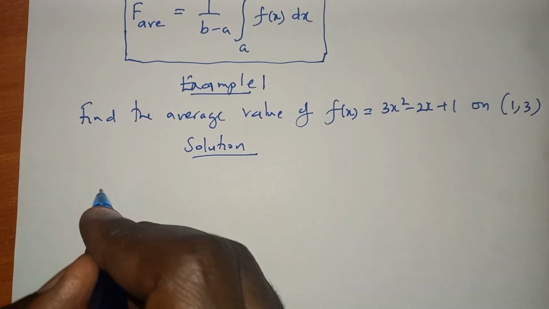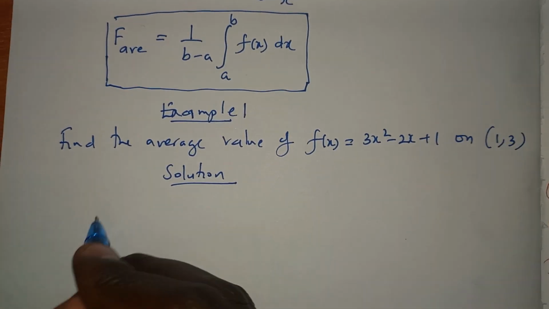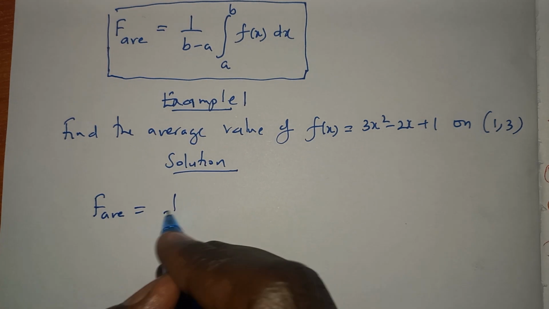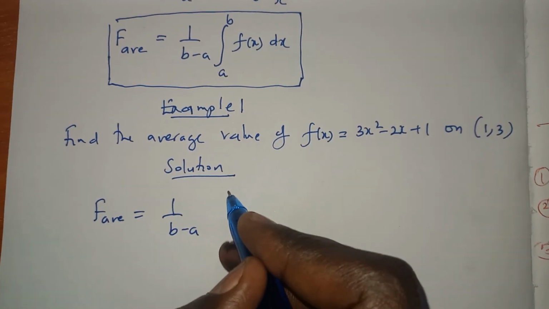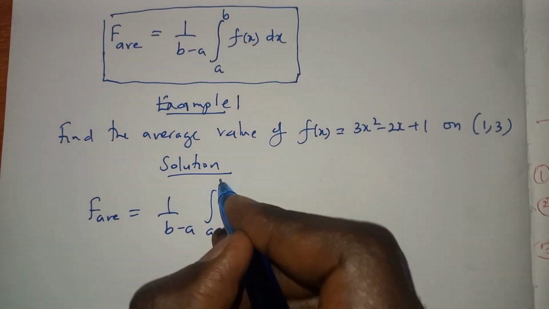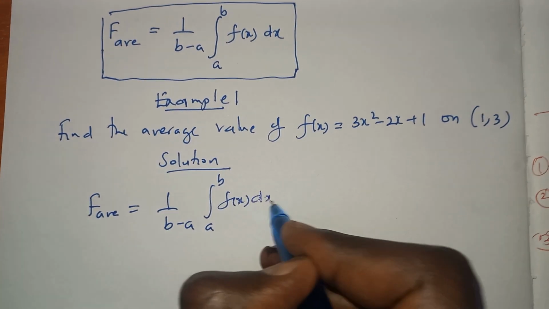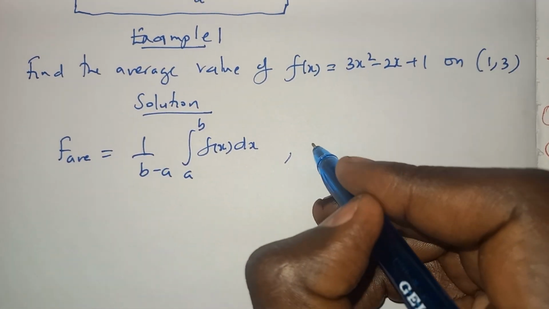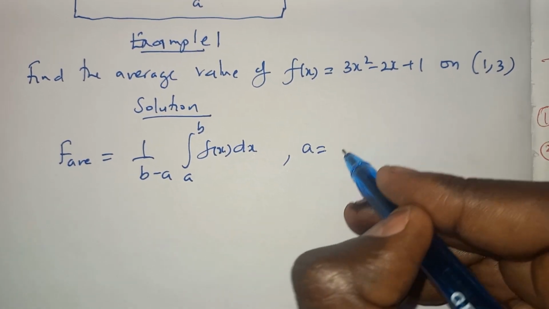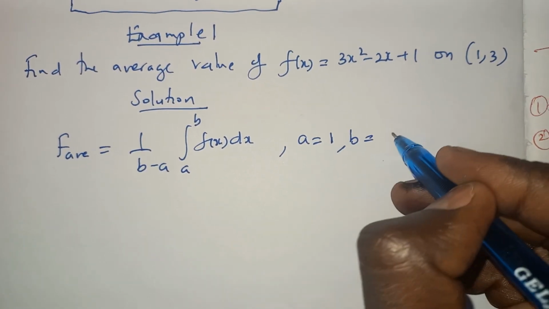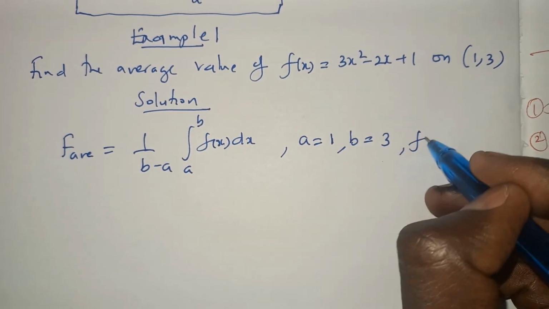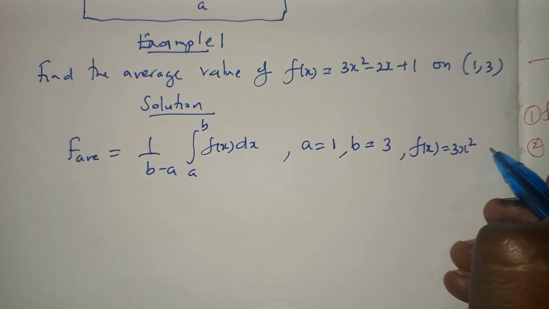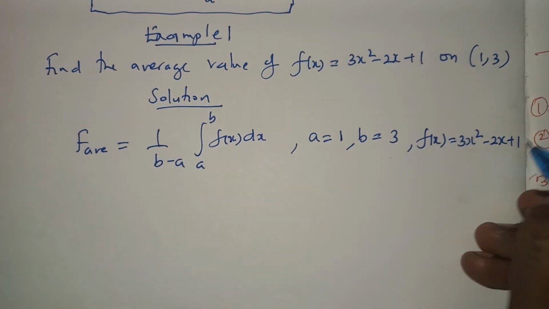Now, from the definition of the average value of a function, we have this. And in our case, a is the lower limit, which is 1, b is the upper limit, which is 3, and the function itself is 3x squared minus 2x plus 1.